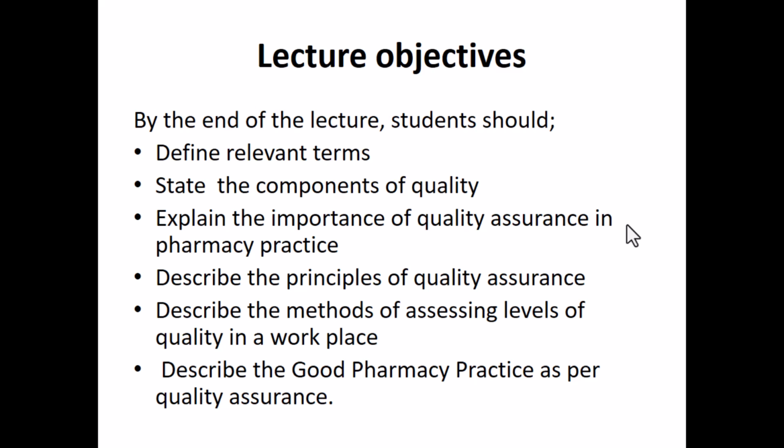Then we shall look at the different principles of quality assurance in pharmacy practice, and the different methods of assessing the level of quality in different workplaces, more specifically in the pharmacy or a healthcare setting. Then we shall also look at describing good pharmacy practice as per quality assurance.